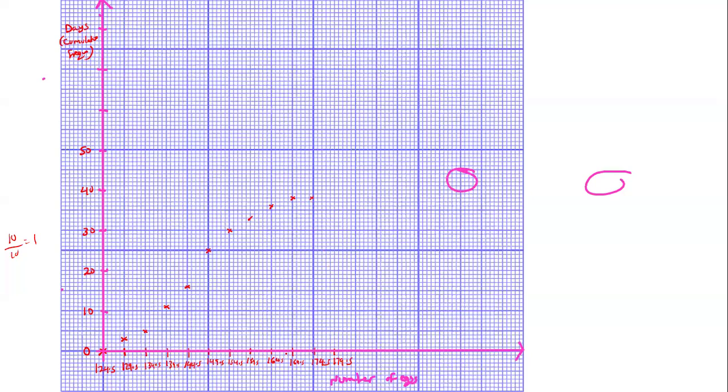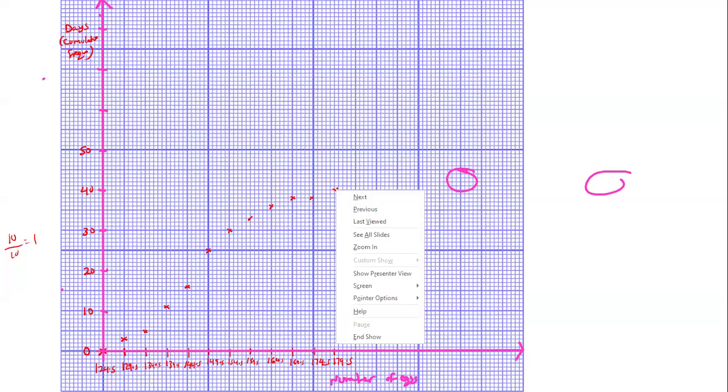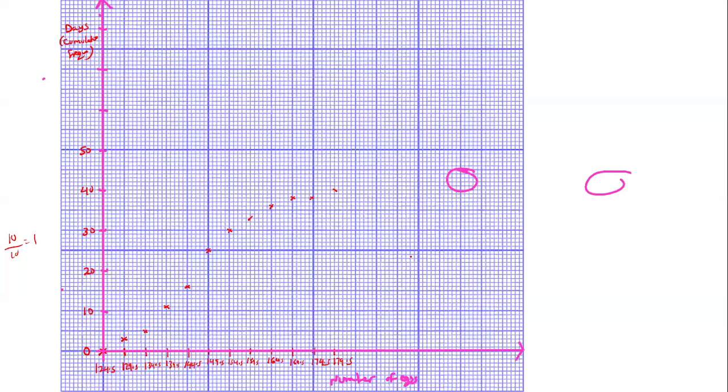And lastly, the 40 is, I think, here. Something like that. So first plot your points so they come out very well.